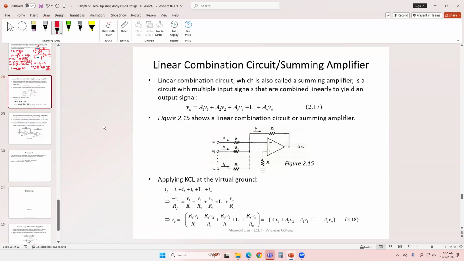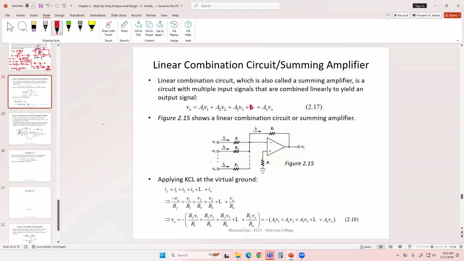And the idea of the linear combination circuit or summing amplifier is that all the voltages that are connected to the inverting input are going to be added together, multiplied by their individual gains, and reflected at the output. So basically, it adds up all the voltages or all the sources that are connected at the input and reflects that at the output multiplied by their respective gain. That's the idea of the combination circuit or summing amplifier.